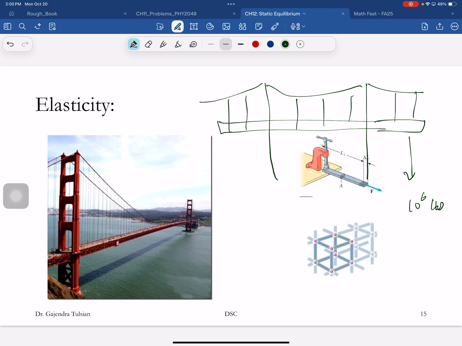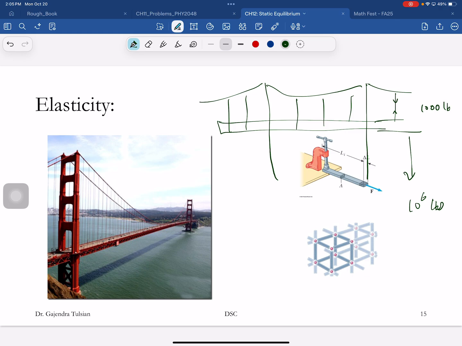So what I'm going to do is throw in 1,000 cables. Okay, each cable now is bearing what? 1,000 pounds. So each cable is bearing 1,000 pounds. Okay, so this cable is lifting 1,000 pounds.